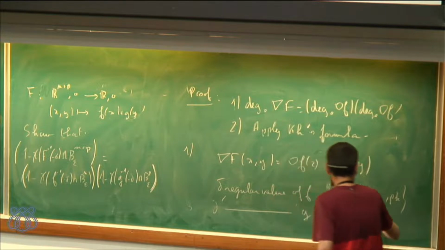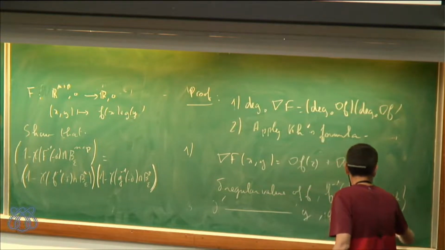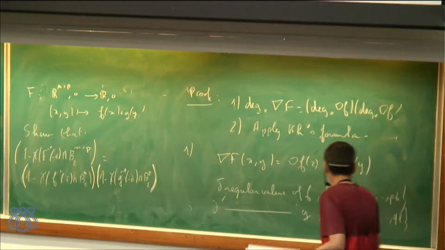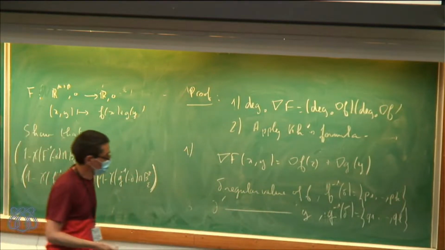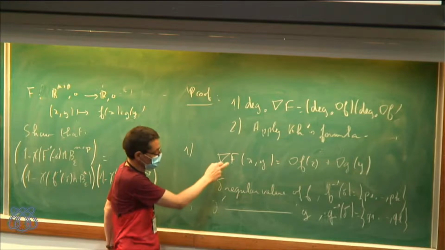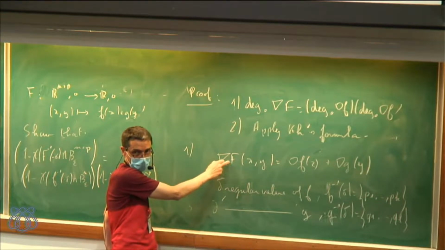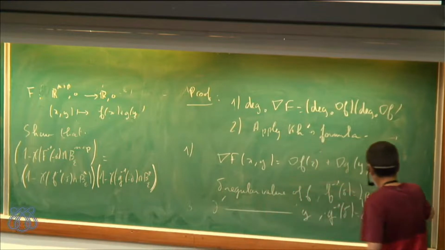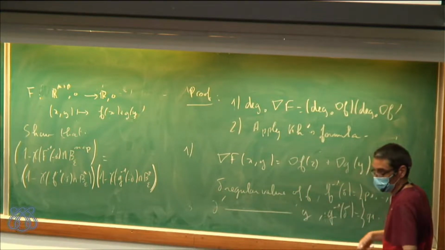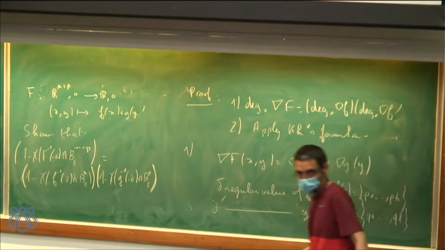So it has pre-images Q1, QL. And then the delta prime is a regular value for the gradient of capital F. And the pre-images are just Pi, Qj. You apply the formula and then you get the result.